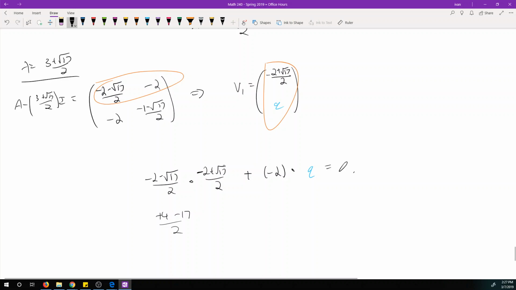All right. So this is negative 13 halves minus 2q is equal to 0. And then, so 2q is equal to negative 13 halves, and q is equal to negative 13 over 4. So it looks like q is negative 13 over 4.